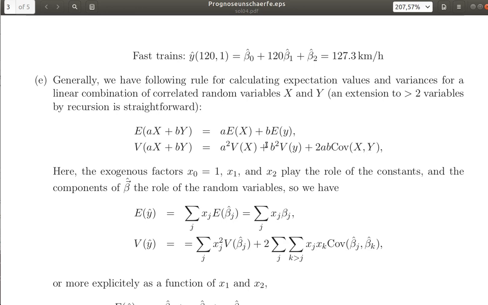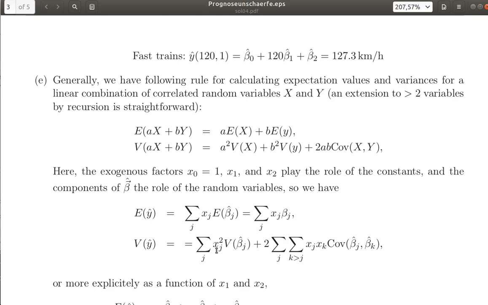And now we apply this general formula to our case. Exogenous factors x0 is 1, x1 and x2. So expectation is just the estimator is unbiased, so the expectation is unbiased. Interesting is the variance. So first we have the diagonal elements.